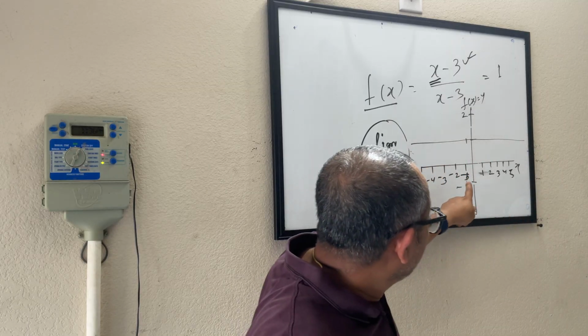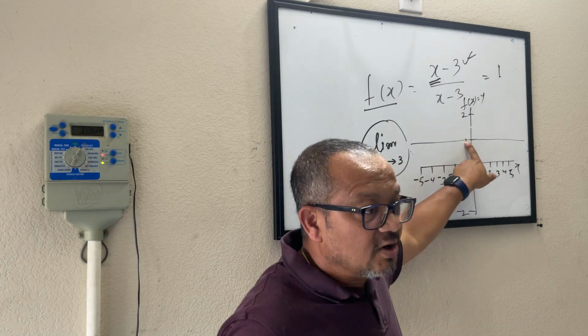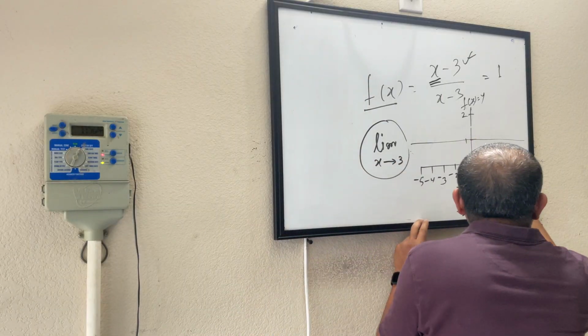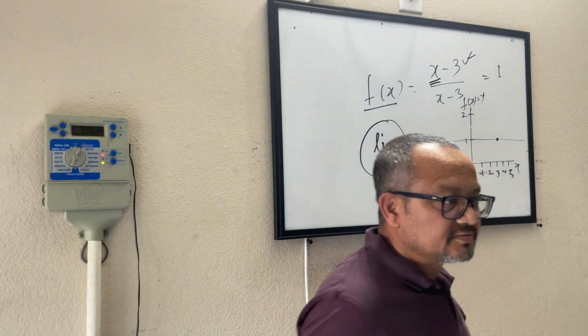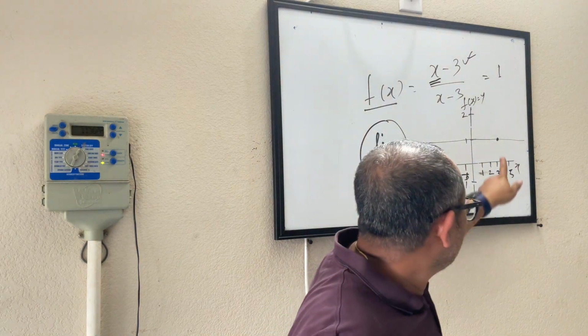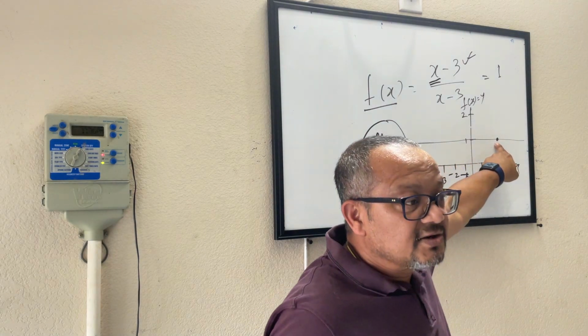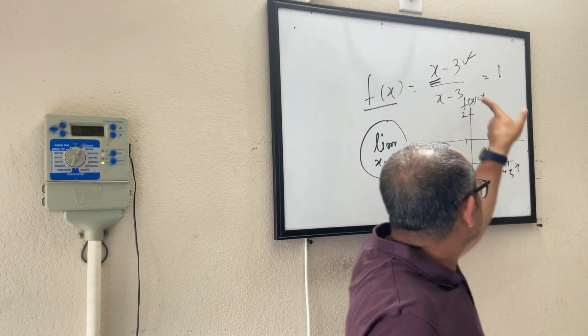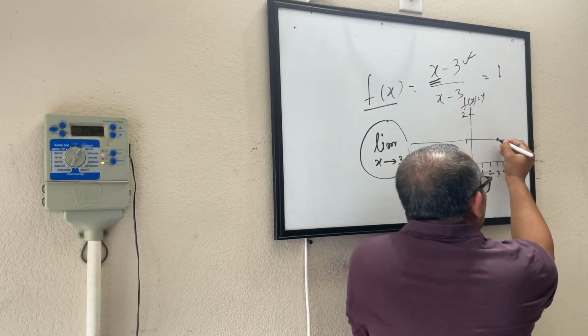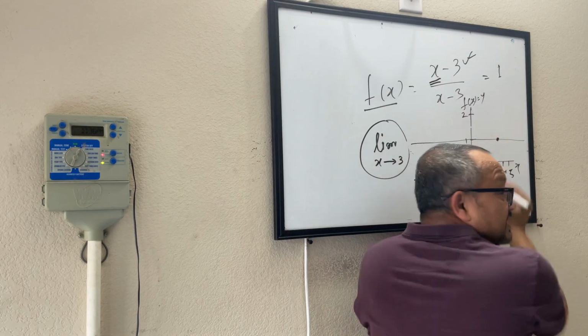For every value of x, your f of x is 1, except for the scenario where you have a break. So this defines a limit, saying that the function is defined for this, but it is undefined only at this point.